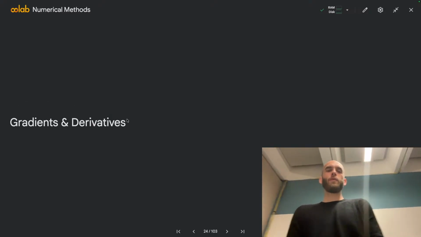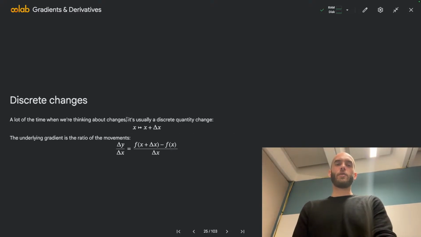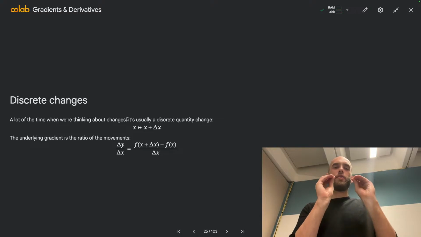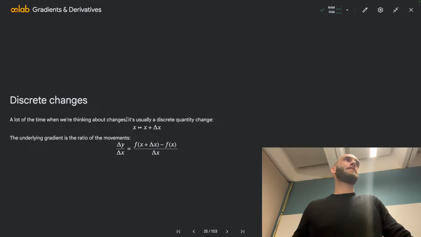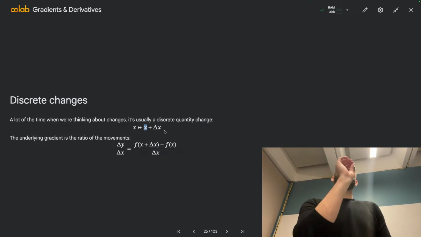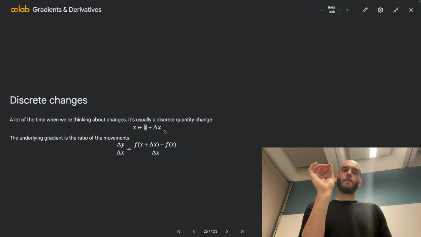So how do we go about computing gradients and derivatives with a computer? Well, let's think about the thing we try to do with derivatives, going back to your Calc 1 days. A derivative is really just thinking about very small changes. So we're going from x to x plus some very minuscule movement in the x direction.